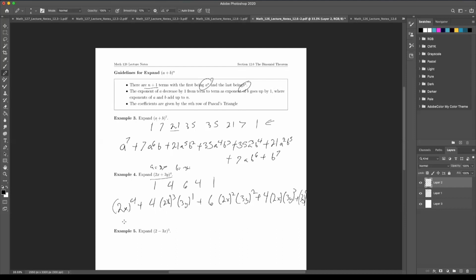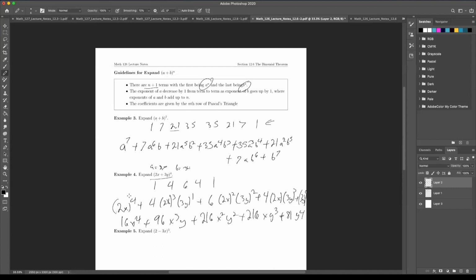So if we crunch this through, 2 to the fourth is 16, x to the fourth, plus 2 to the third would be 8, times 3 times 4 gives you 96, x cubed y. 2 squared is 4, times 9, times 6, which gives us 216, x squared y squared, plus 8 times, oh, this is the same, so it'd be 216 times x y cubed, and then y to the fourth, or 3 to the fourth is 81, y to the fourth.